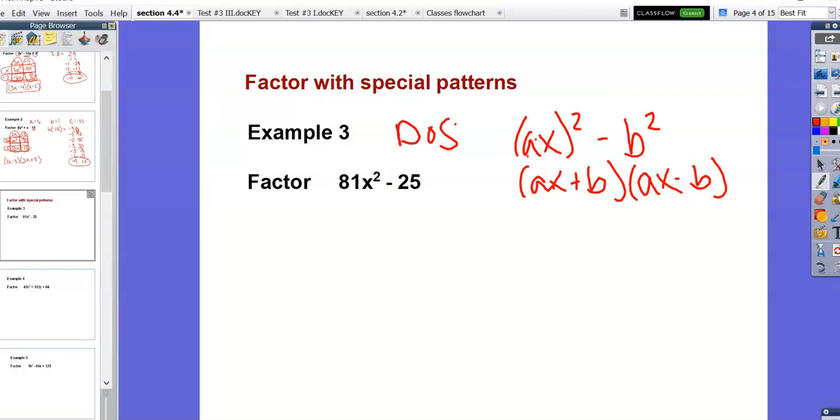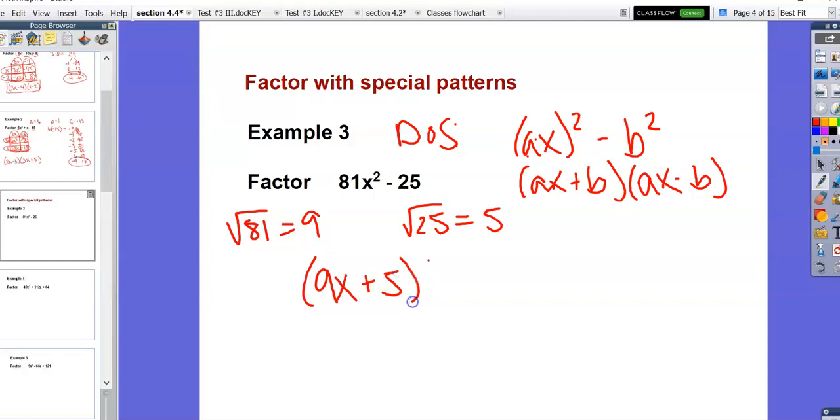So we need to figure out the square root of 81. We need to figure out the square root of 25. And then we're going to write our product as 9x plus 5, and then 9x minus 5.